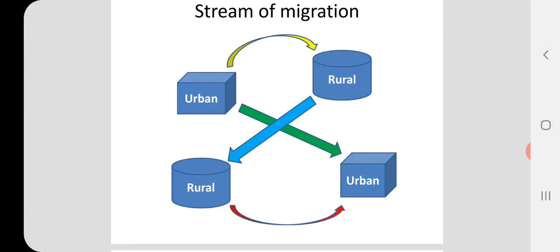So, on the basis of rural and urban areas, we can see four types of stream of migration: first, rural to urban; next, urban to rural; third, rural to rural; and fourth, urban to urban.